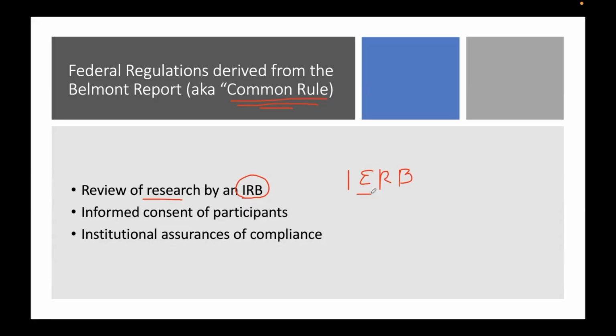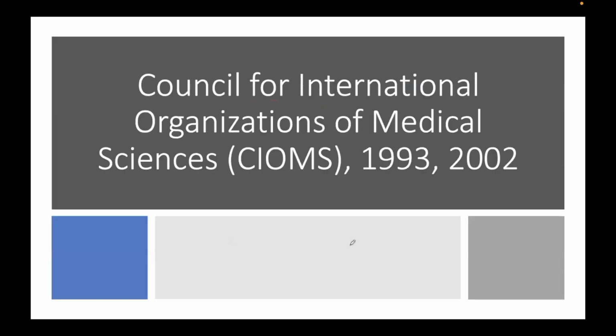That means you are not allowed to conduct a study or research unless it passes through your institution, your school, your company IRB. There has to be informed consent of participants, and there has to be institutional assurances of compliance. Okay, so that is known as the common rule.